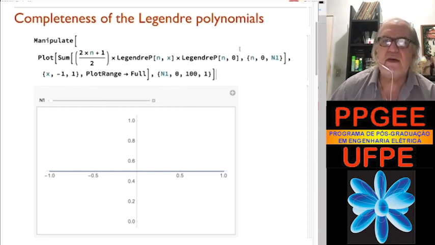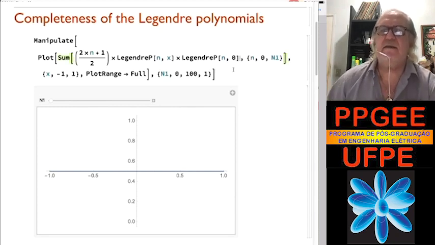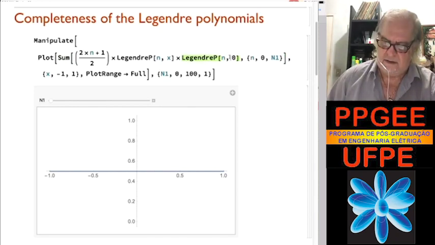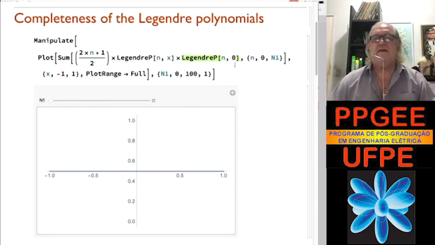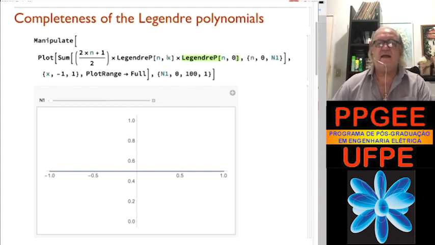Maybe this is wrong, let me see here. Oh, okay, so this is right. This is Legendre polynomial x equals x, x prime equals 0. You can see here in the function.